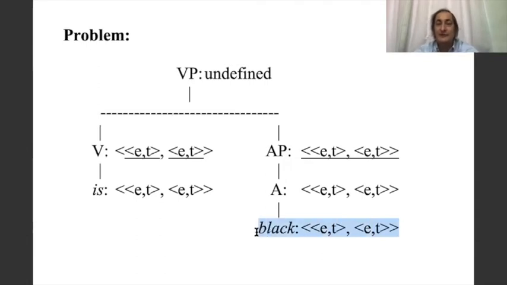What happens if we use that new definition for black? "Is" is of type ET. That makes the AP of the same. This says take something of type ET as an argument and give back something of type ET as a value. But this is not of type ET.